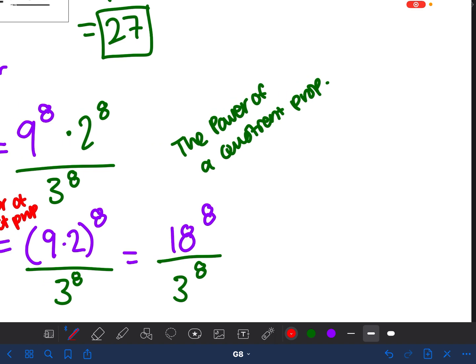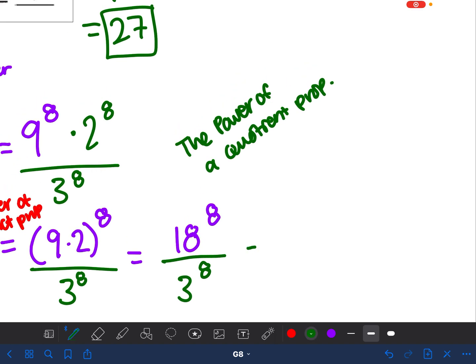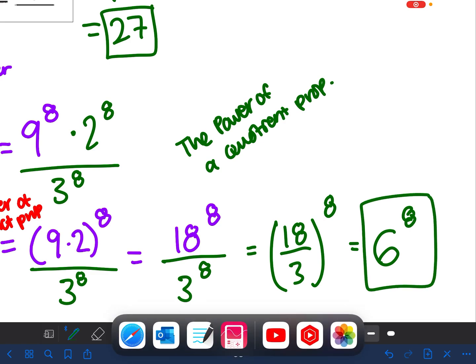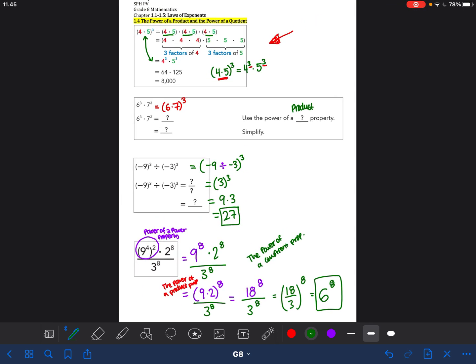So again, for this one, since we know that they have the same exponent, different bases, but they're dividing, you can gather up the bases. 18 divided by 3, that's 6. So 6 to the power of 8. That's your answer. Again, you can calculate that with your calculator, but I'm not going to do that right now.